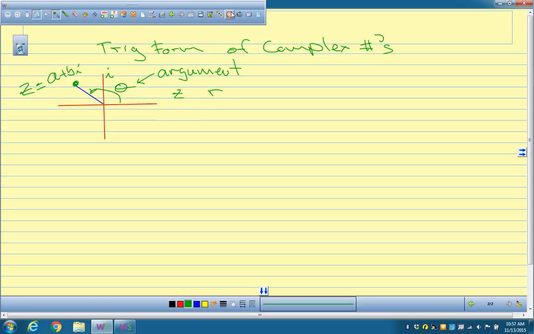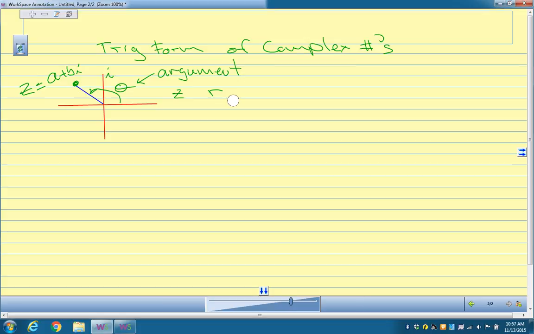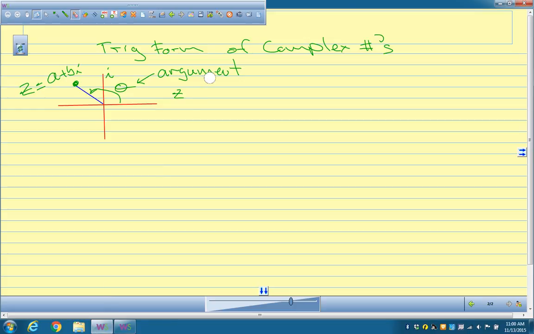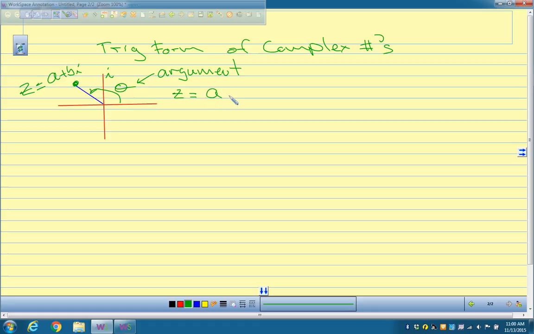If this is some complex number z, and z equals a plus bi, that can be written as r times the cosine of theta plus i sine theta.